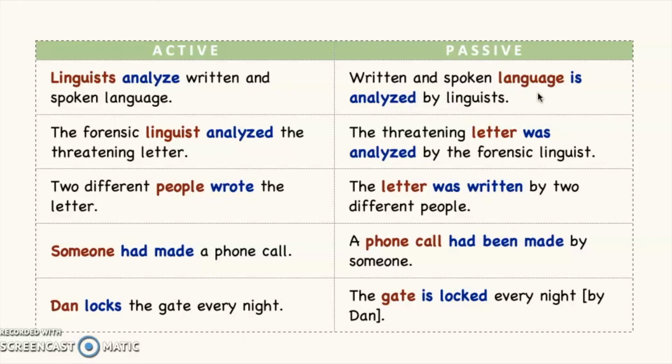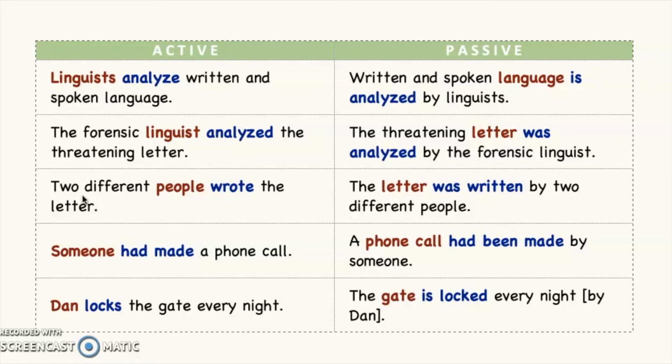Now we have language as the subject, and then we have the passive verb is analyzed. Here's another example. The forensic linguist analyzed the threatening letter. That would be active. The linguist is doing the analyzing. And in the passive, we have the threatening letter was analyzed by the forensic linguist.